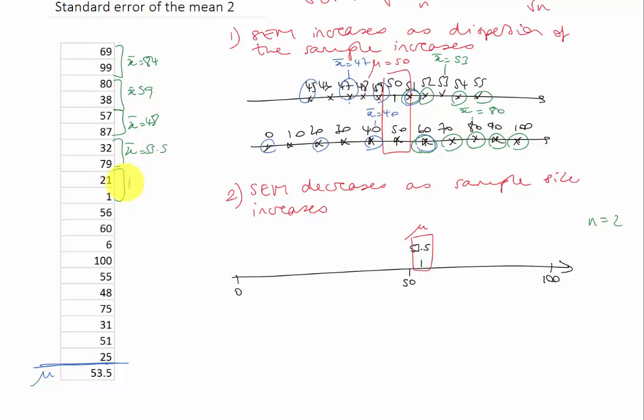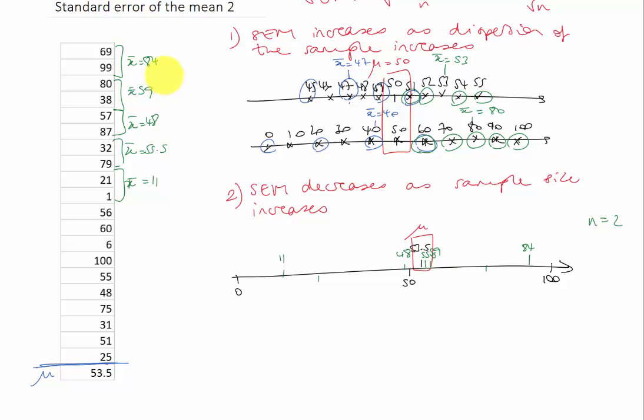So you can see some of these are quite close to the population mean, but some of them are quite far away, like this 11 here. Okay, so let's mark these on the number line there. So 84, gonna be here somewhere. 59, quite close. 48, quite close. 55.5, very close. 11 all the way down here. Okay, so we've got some very far away, some that are quite good estimates.